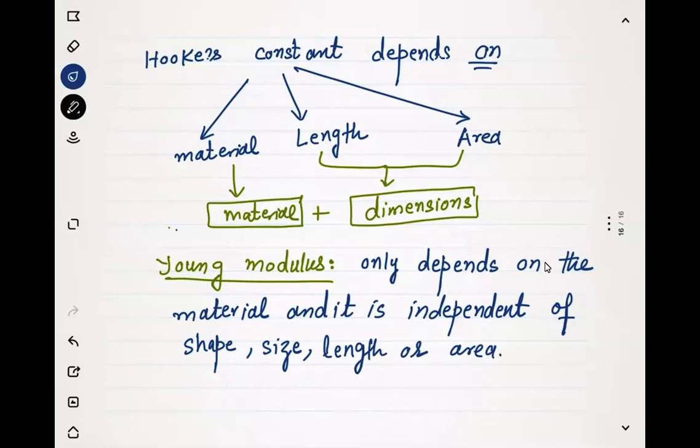So Young modulus is also a constant of stiffness that measures the stiffness, yet it is independent of length, area or other dimensions.